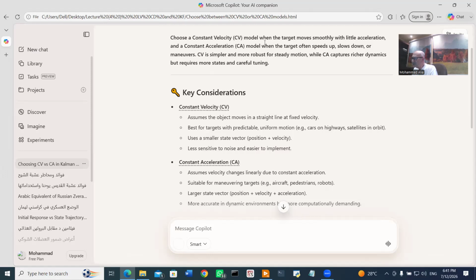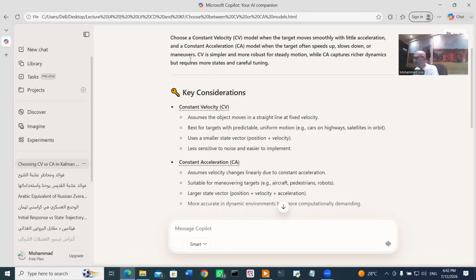But as I told you, this is not only applicable for motion control. It is applicable for any variable. So when the variable of interest changes smoothly with little acceleration, we use constant velocity, and a constant acceleration model is used when the target often speeds up and slows down or maneuvers.